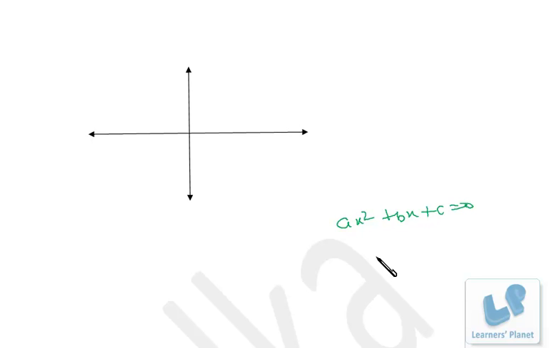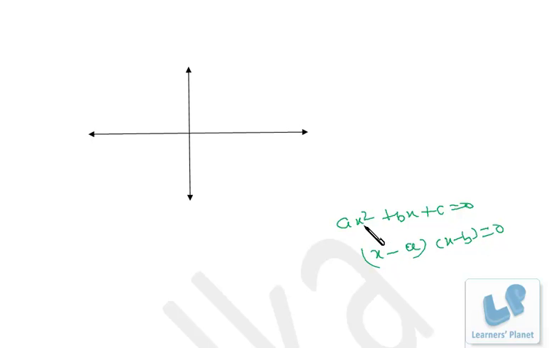Now, the three situations which I have discussed just now can be presented graphically. How can I present them graphically? Just wait for me. See friends, a quadratic equation, whether it is in ax square plus bx plus c is equal to 0 format, or directly written as x minus a, x minus b is equal to 0 format, whatever the format is.